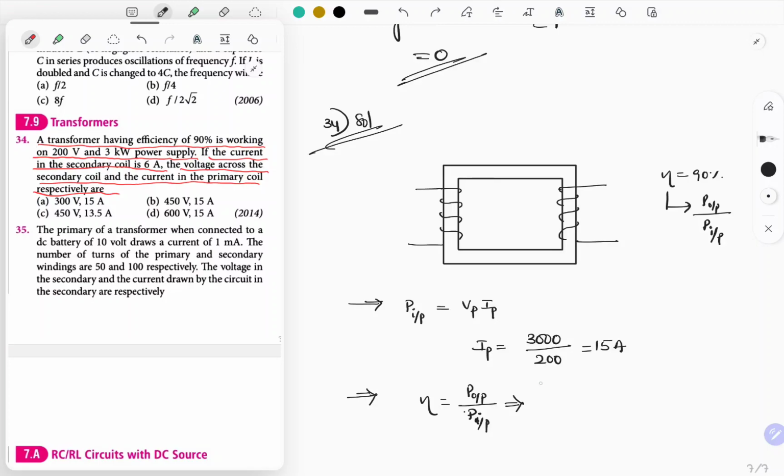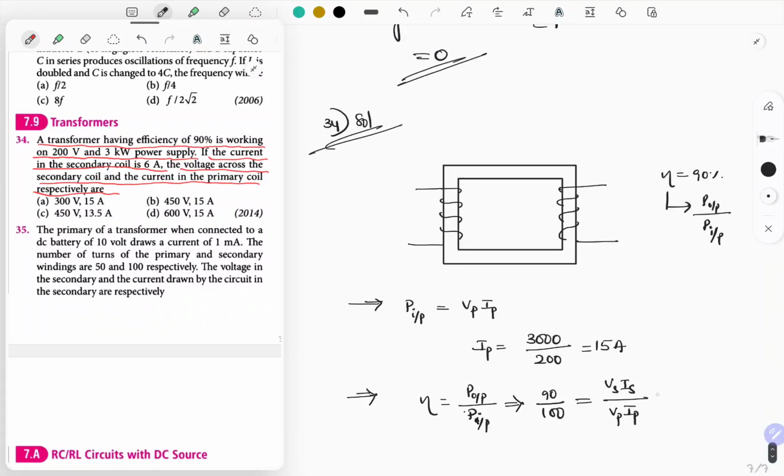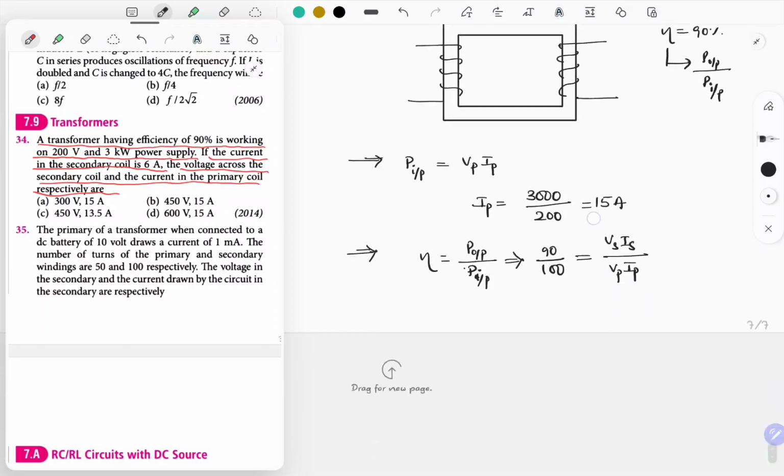Instead I can write it as 90 by 100, which is equal to output, V secondary I secondary, divided by V primary and I primary. So V primary into I primary is nothing but 3000, right? That is input power.